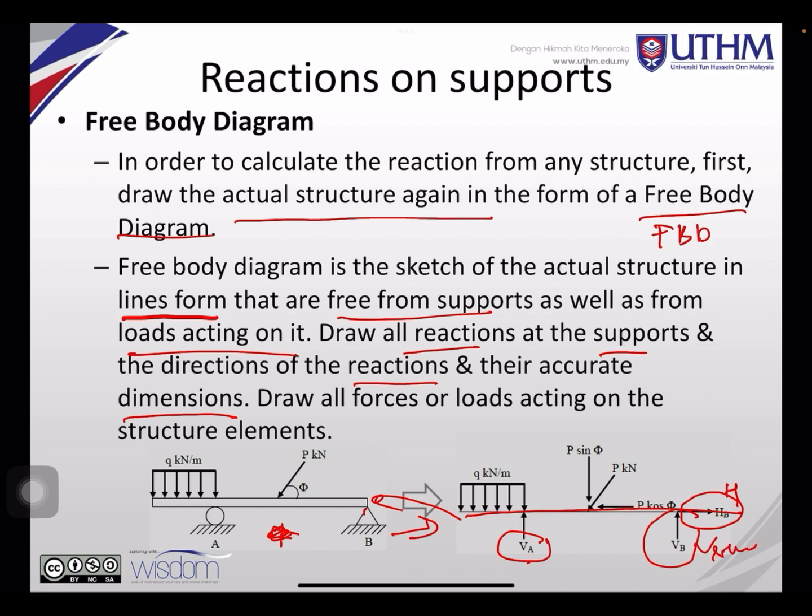The P component is inclined, so when it is inclined, you need to break it into Fy and the horizontal component. Okay, the vertical and also the horizontal. This is this direction because the force is this way. If, let's say, the force is this way, then you break it into this and this directions.